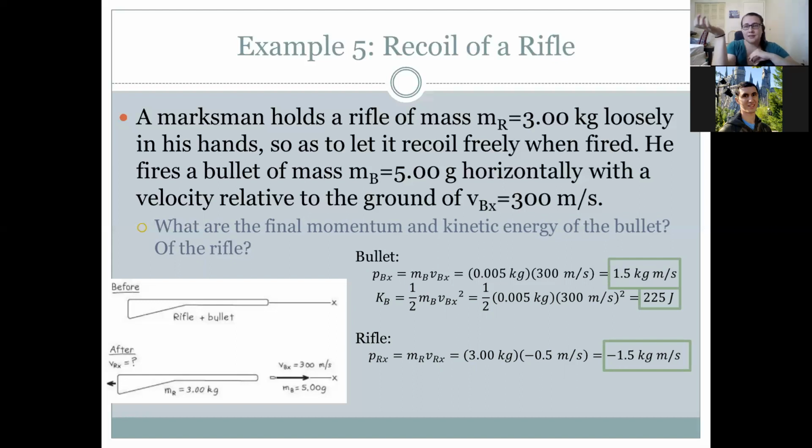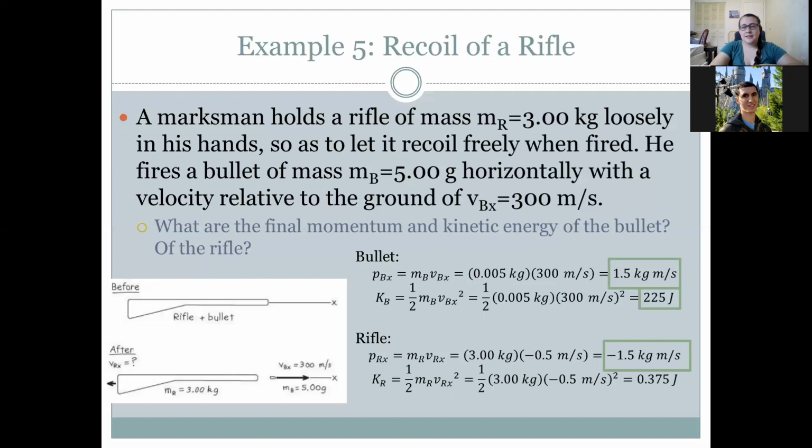That means that the momentum of the bullet and the momentum of the rifle are equal but opposite directions. So the bullet is going to be firing to the right in this picture, and the rifle is going to be going to the left. So we get that negative number there.